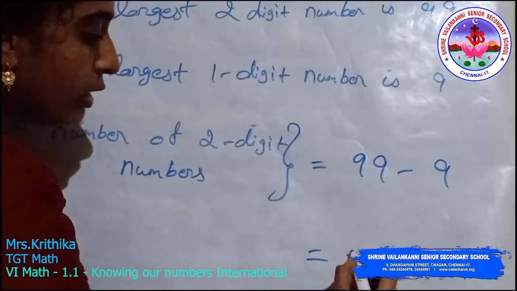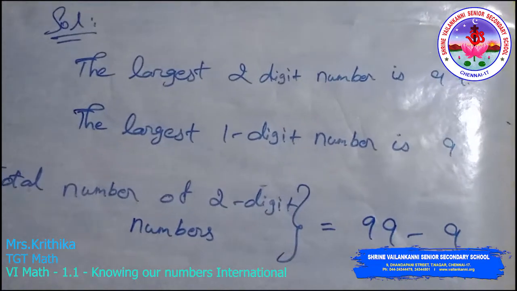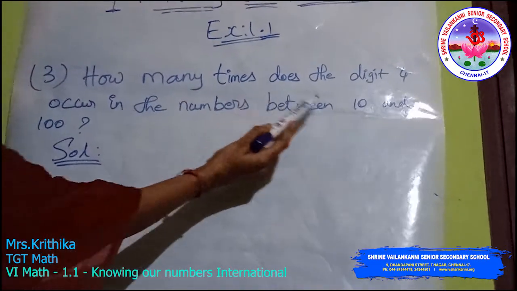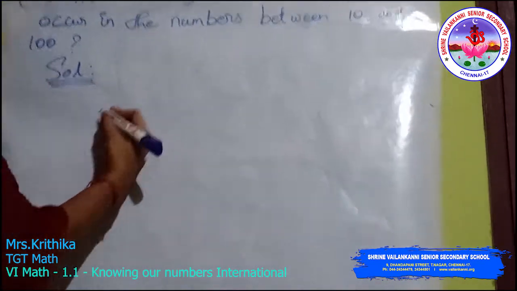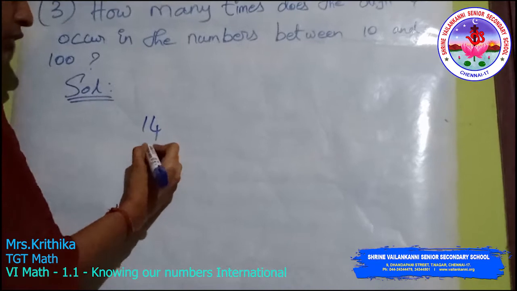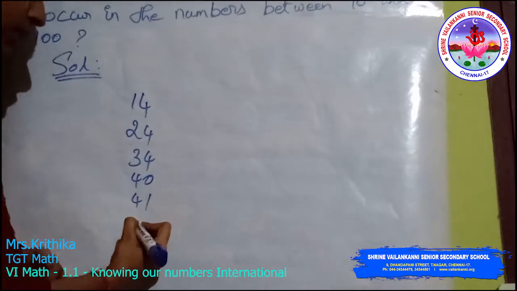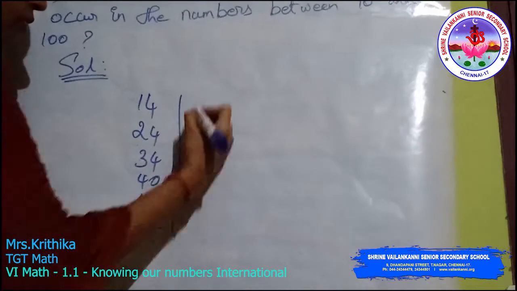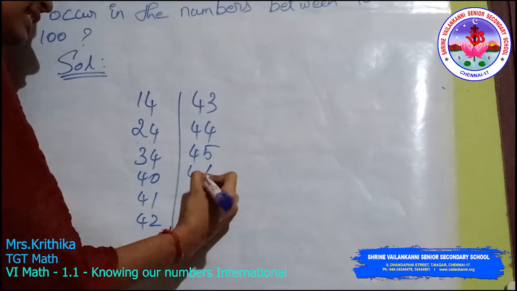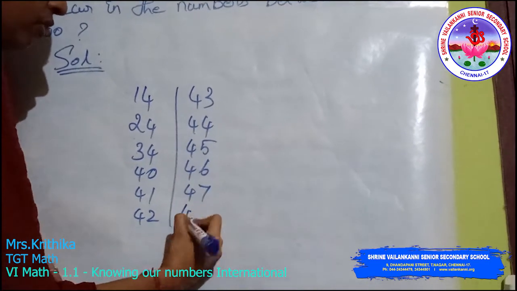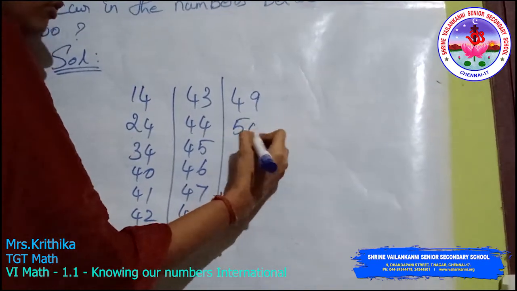Third question. How many times does the digit 4 occur in the numbers between 10 and 100? Solution. First 14, 24, 34, 40, 41, 42, 43, 44, 45, 46, 47, 48, 49, 54, 64, 74, 84, 94.